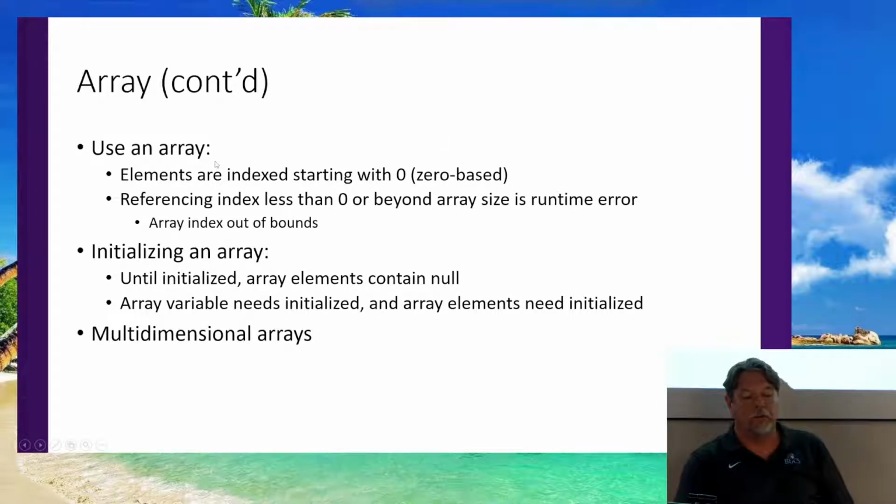If I'm going to use an array, you've probably heard this over and over again now with different languages, but elements in Java, like other languages, are zero-based. One of the funny stories about different languages and how they do things is that BASIC used to be a one-based index language.